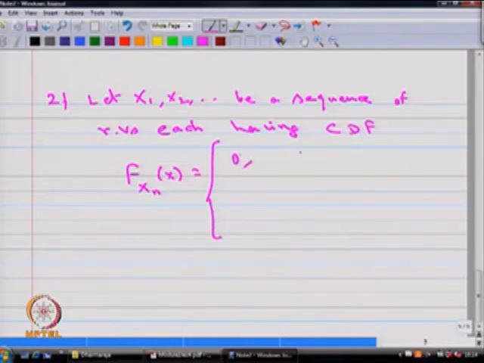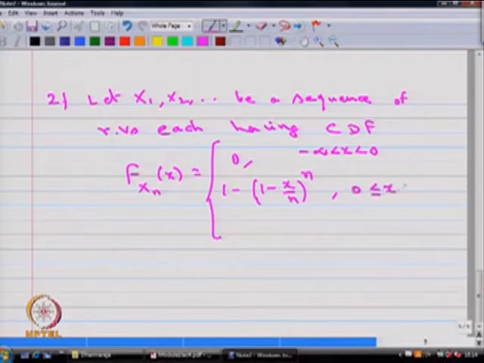It is 0 from minus infinity to 0, and it takes the value 1 minus (1 minus x by n) power n for x lying between 0 and n. From n onwards till infinity, the value is 1.